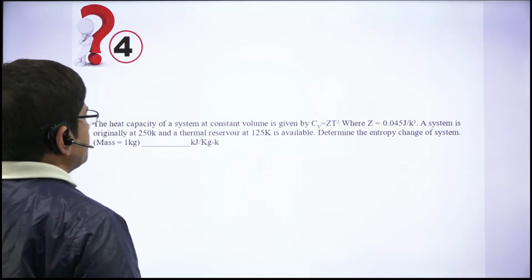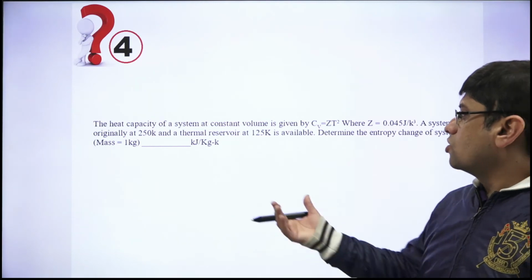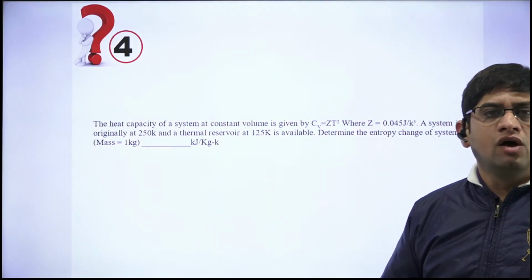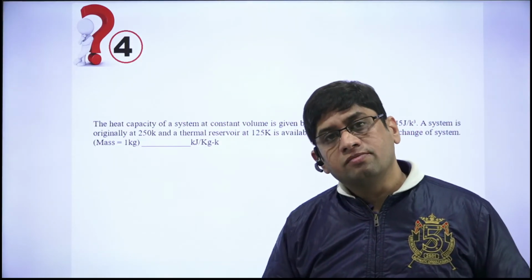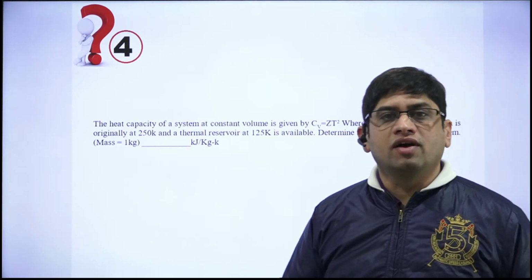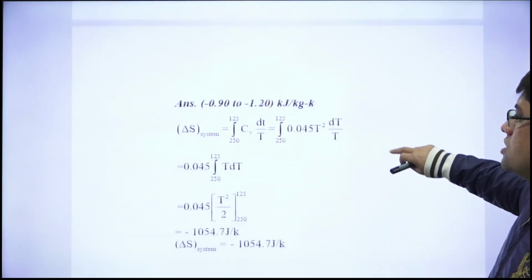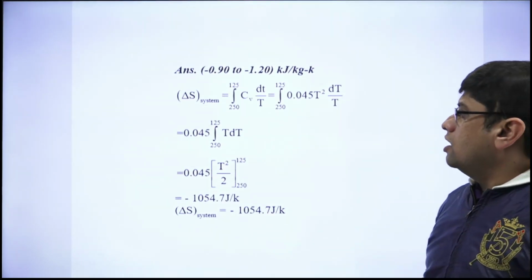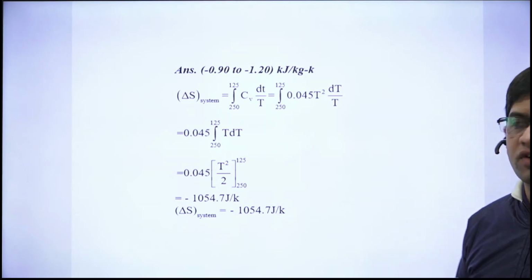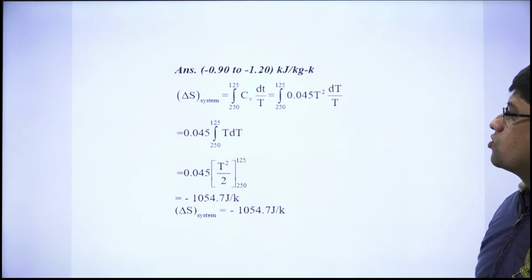So can you tell me, if your system is at 250 Kelvin and it is kept in the surrounding at 125 Kelvin, what will be the final temperature of the system? Final temperature will go from 250 Kelvin to 125 Kelvin, so it will decrease. Now see this expression. Delta S for the system is Cv log of T2 by T1, but Cv is this particular value.